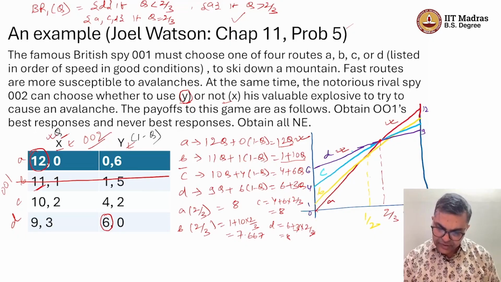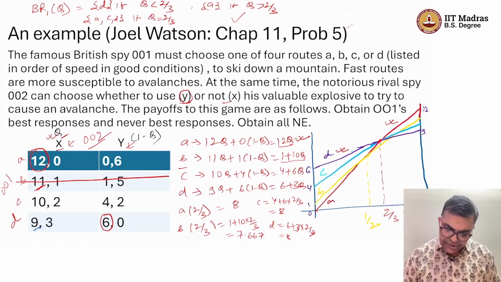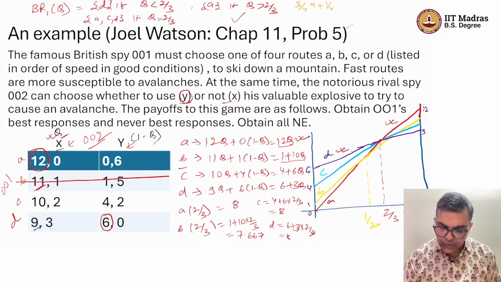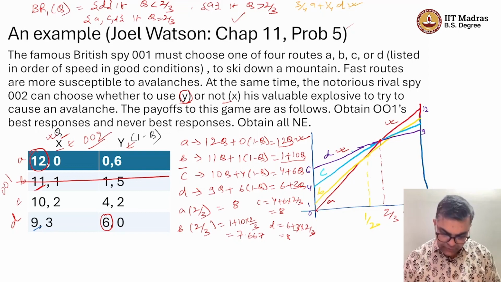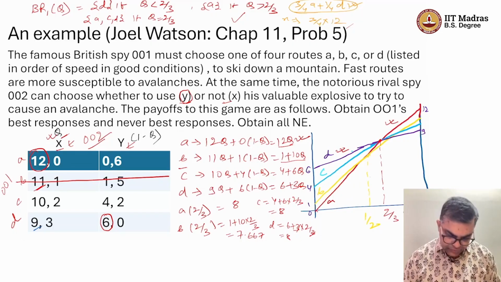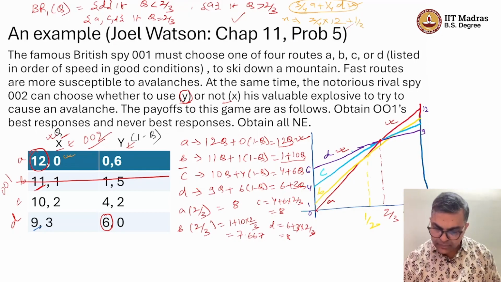Can we take, for example, a mixed strategy that gives 3 by 4 weight to A and 1 by 4 weight to D, and check how this mixed strategy does against B. So if player 2 is using X, what would this strategy give? 3 by 4 multiplied by 12, because this box is going to happen with 3 by 4 probability, plus 1 by 4 probability multiplied by 9.